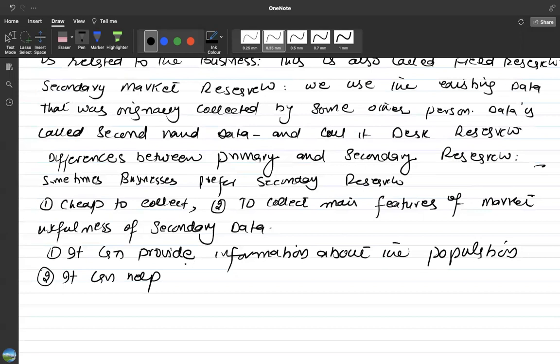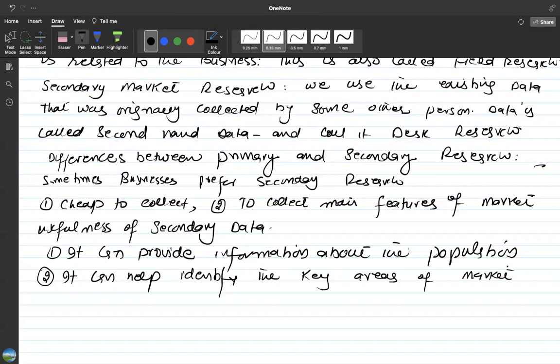It can help identify the key areas of market information that primary research should focus on.